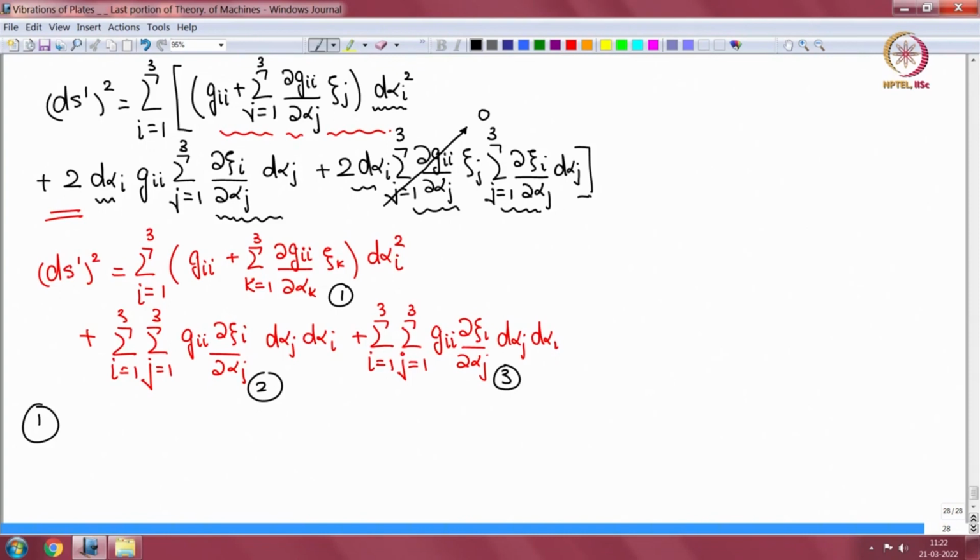We write 1 as summation 1 to 3 g I plus summation to 3 del g I del alpha k xi k d alpha I square. I am going to write this now as a double sum.